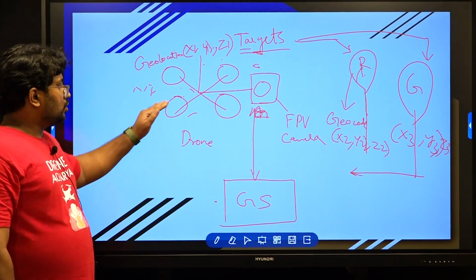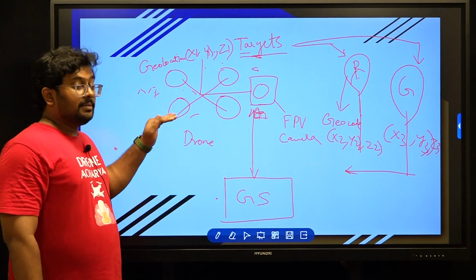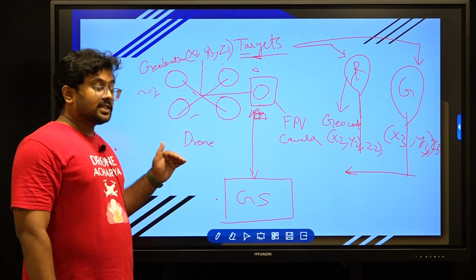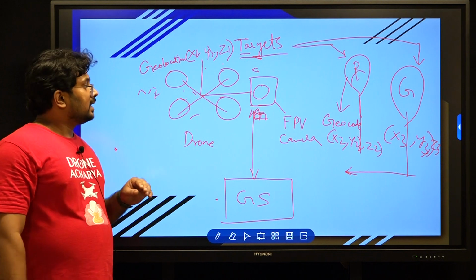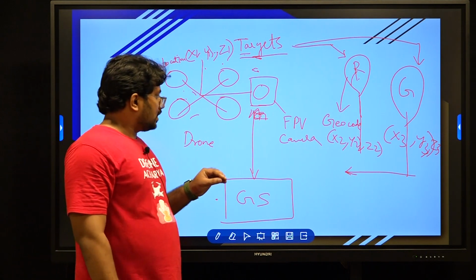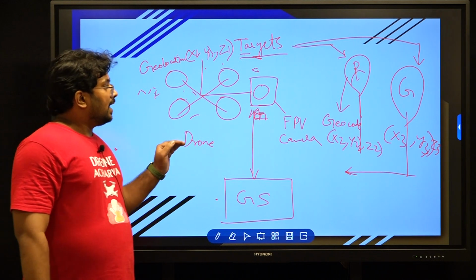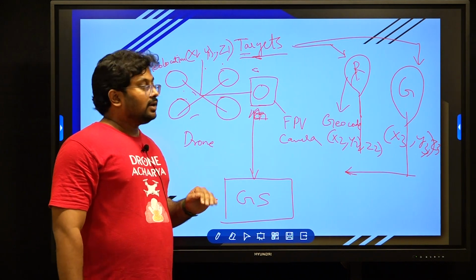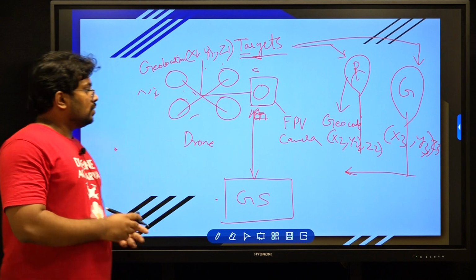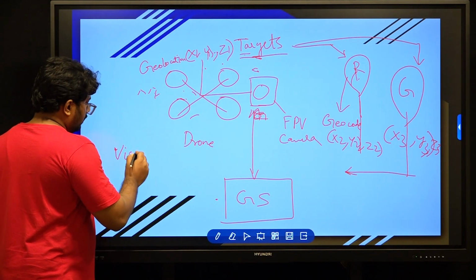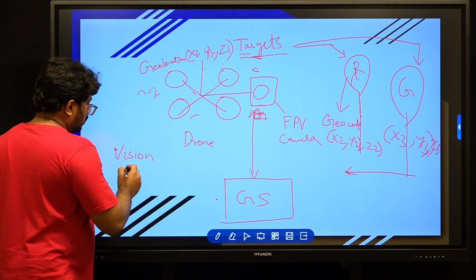A drone should be flying, continuously identifying the objects present in its camera in real time. In real time, we are going to identify the balloon, and it should automatically go and hit the balloon.